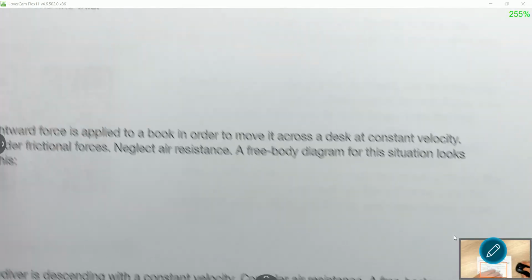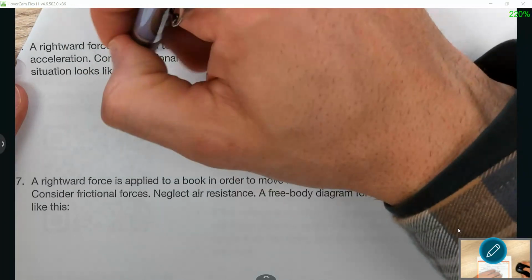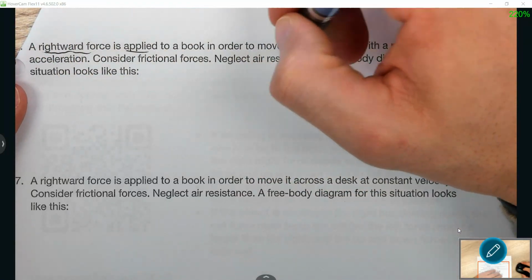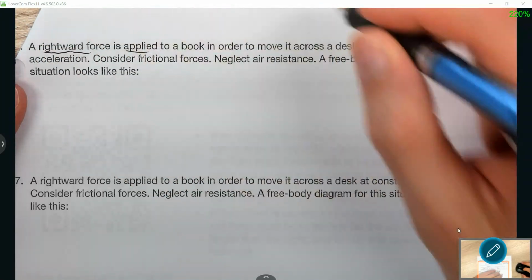Okay, we got a few things going on in this problem. We have a rightward force applied to a book in order to move it across a desk. So we are on a flat surface, and it's going with a rightward acceleration.